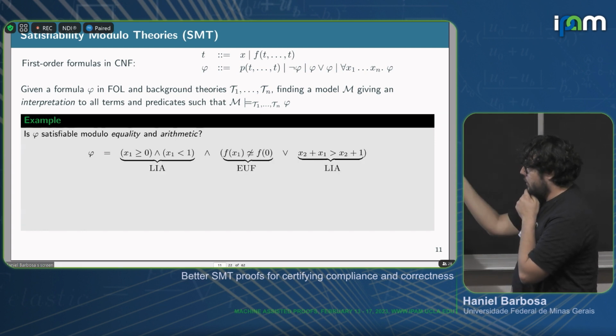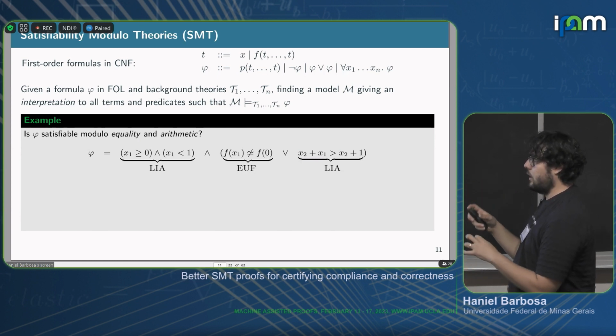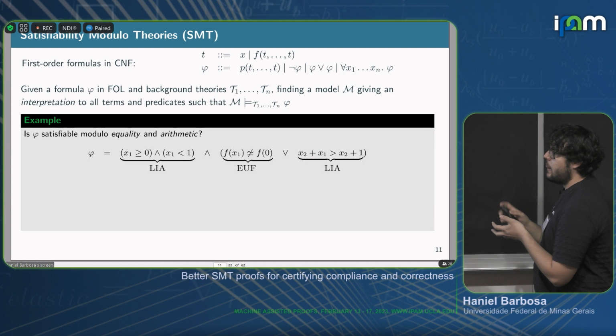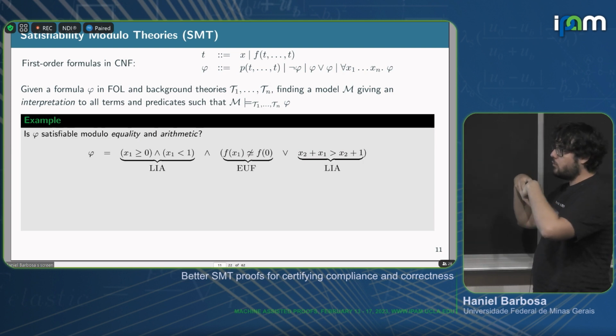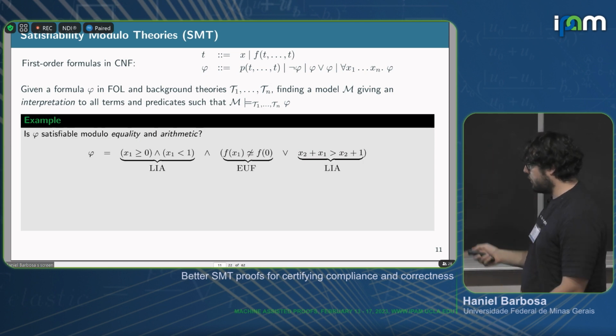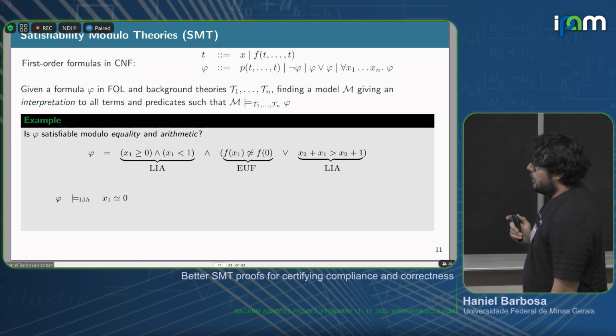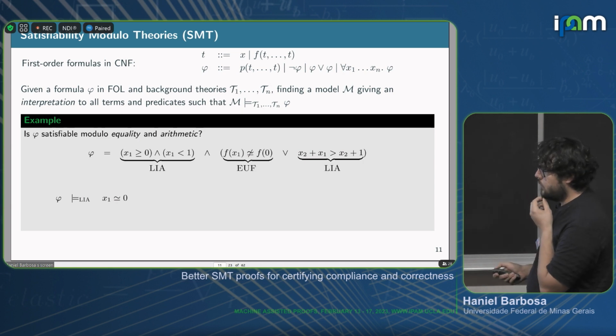So this is a separation between theories of these different literals, which means that as an SMT solver works, these literals go to different theory solvers within the solver, so they do things separately and then they communicate with each other. We know from linear integer arithmetic reasoning that from these two literals I can infer this one, right? This is valid in integer arithmetic. The only possible value for x1 is 0.